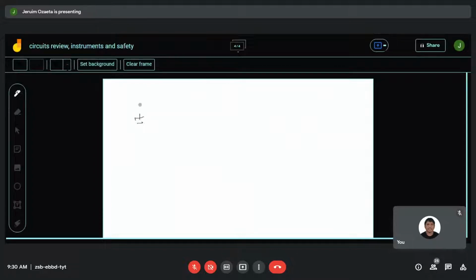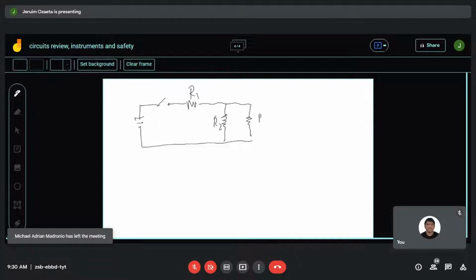This is the Ohm's law. This is the switch. This is the resistance, coupled with another resistance, coupled with another resistance. Let's call this R sub 1, R sub 2, R sub 3.